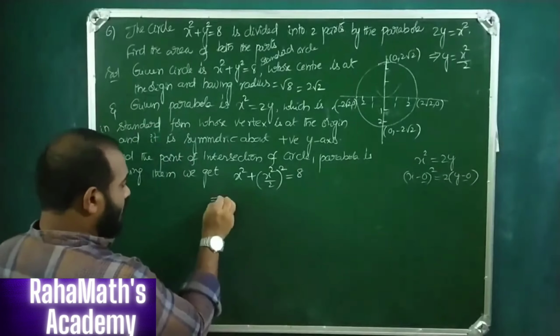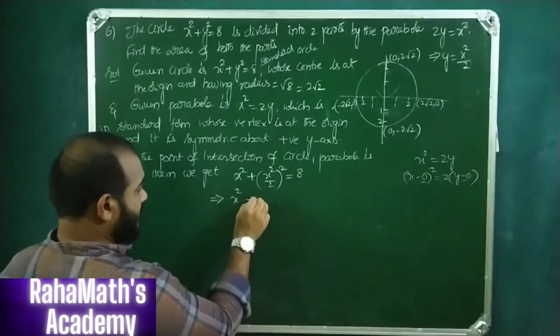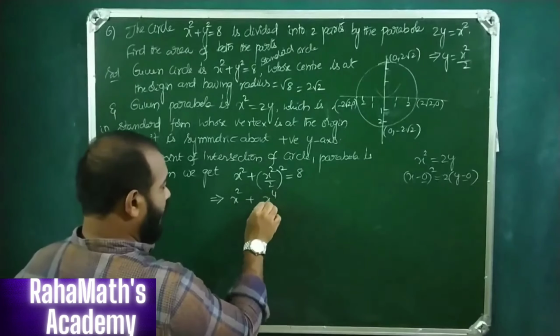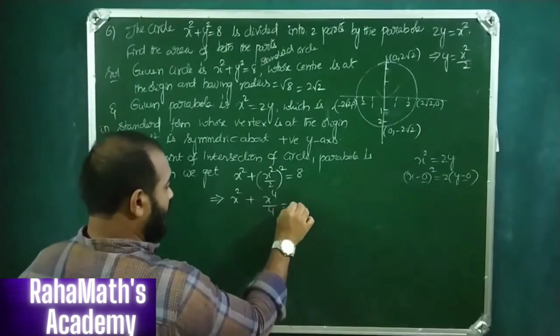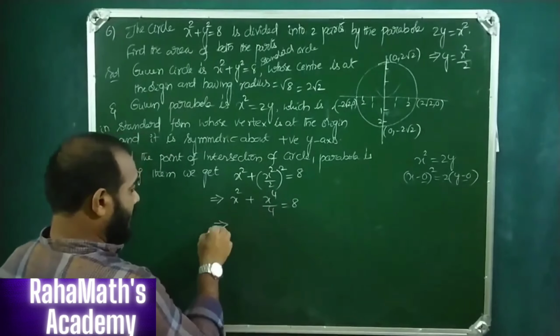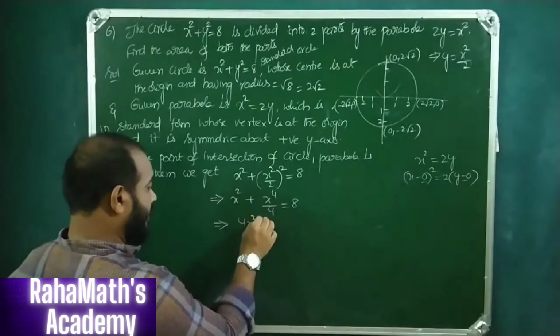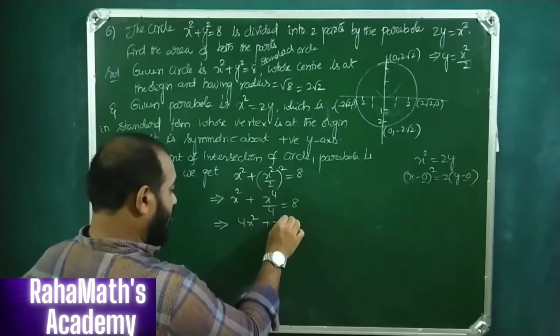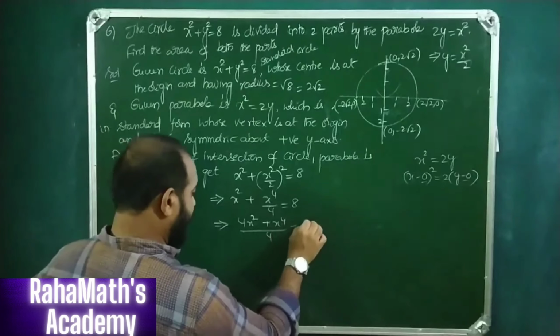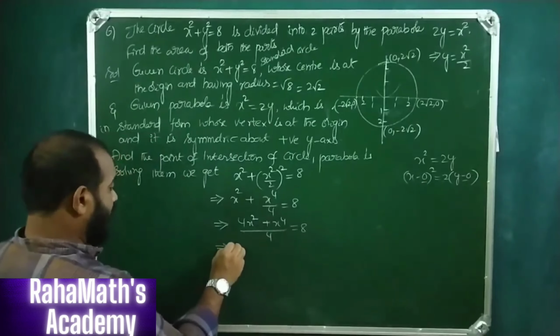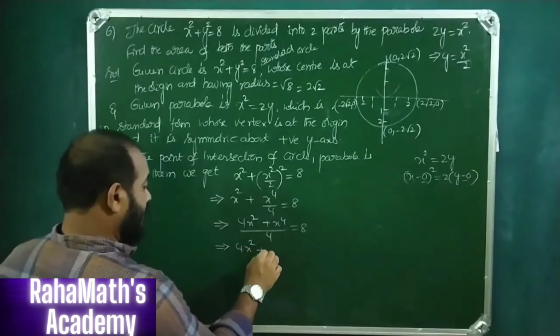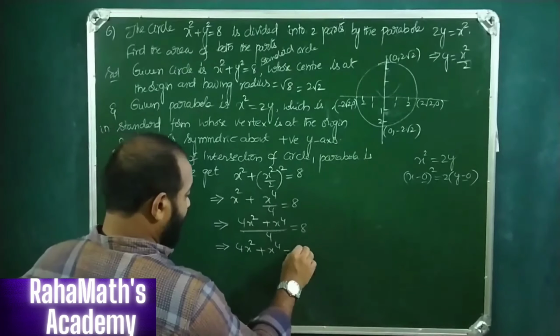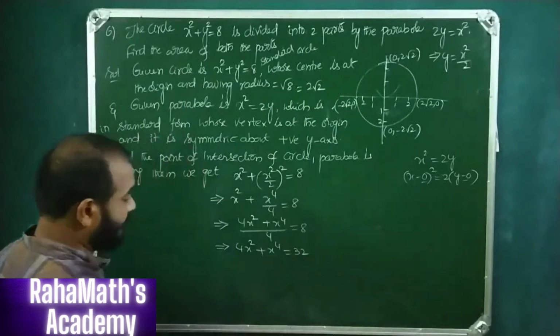This is x square plus x power 4 by 4 equals 8. Taking the LCM, 4x square plus x power 4 by 4 equals 8. So 4x square plus x power 4 equals 4 8s are 32.